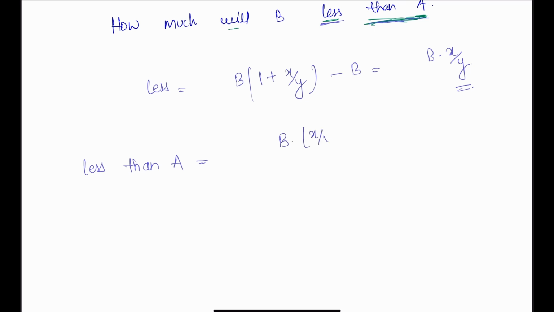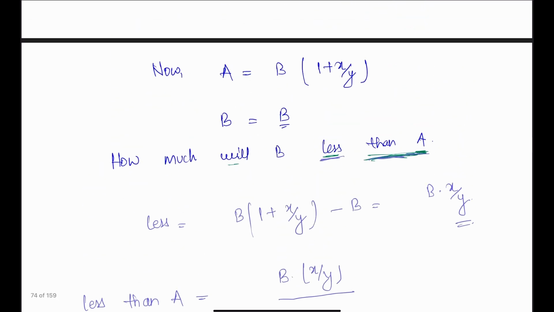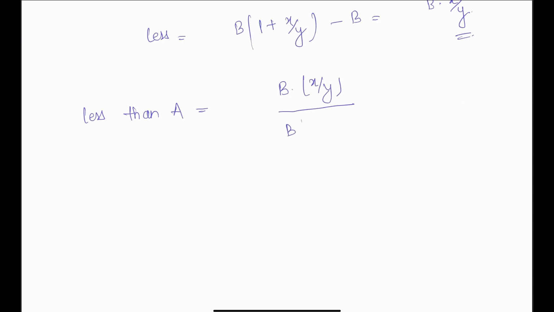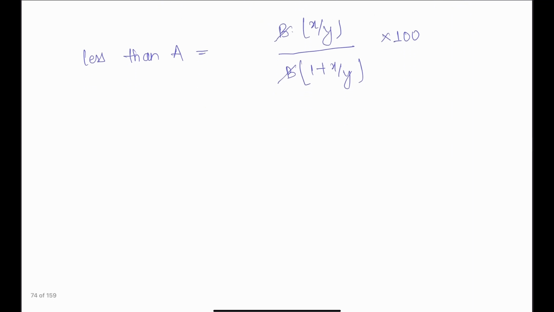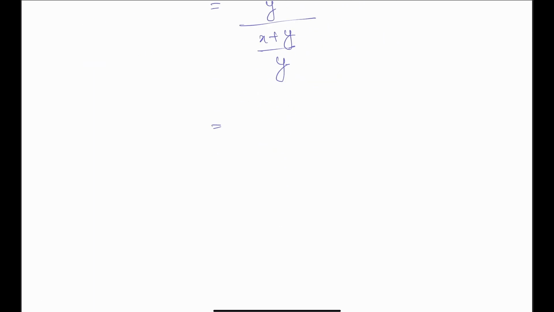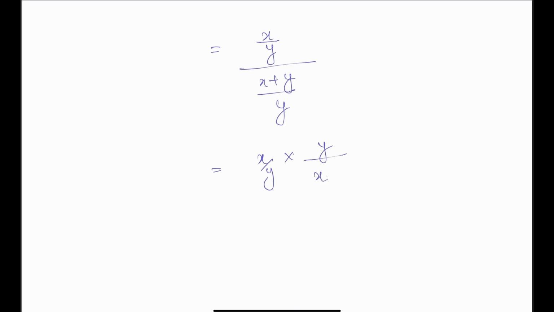Now the comparison was for a, so I will write it as b into x by y divided by b into 1 plus x by y, into 100. So it will be x by y divided by the LCM, we will take x plus y divided by y, and we can rewrite it as x by y into y divided by x plus y.